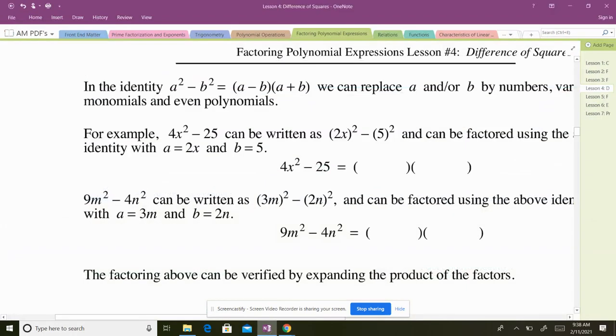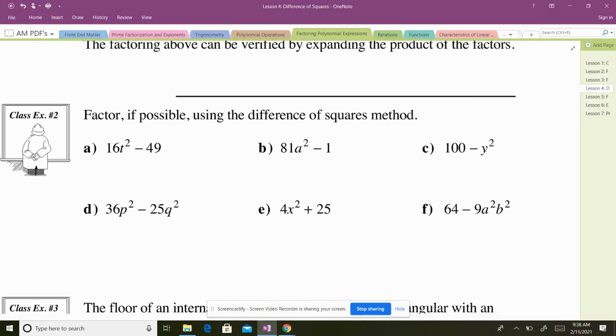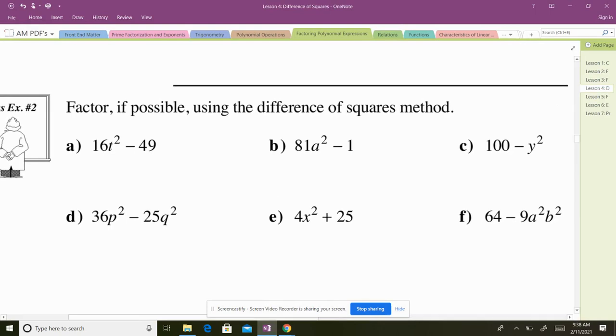So we skip to this. Now we've got a number in front in the first term. But look at that number. Can you square root 16? Yes. If it's square rootable, that's not even a word, but we'll pretend it is. If you can square root it, it's still a difference of squares. So what do you think a becomes?